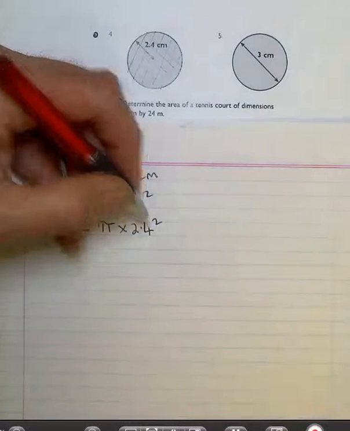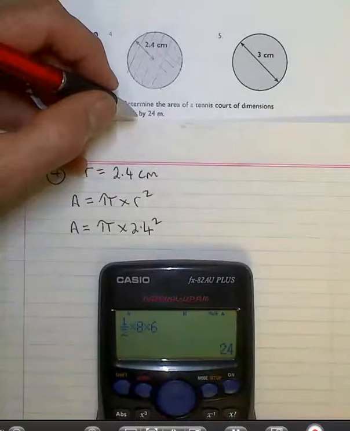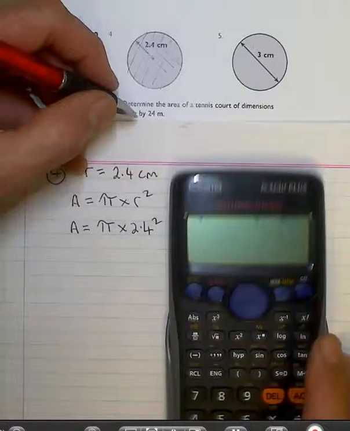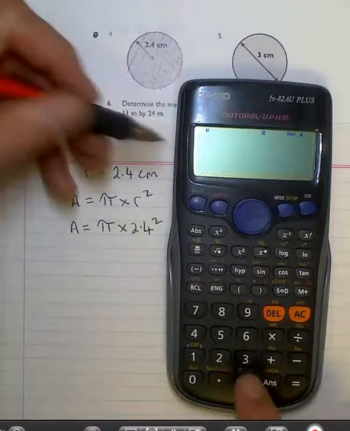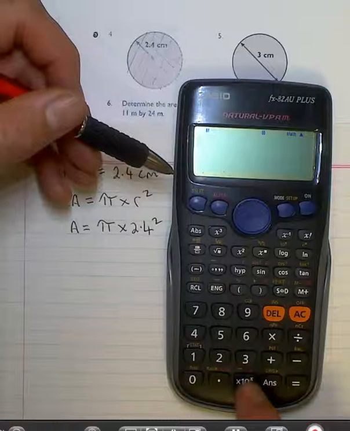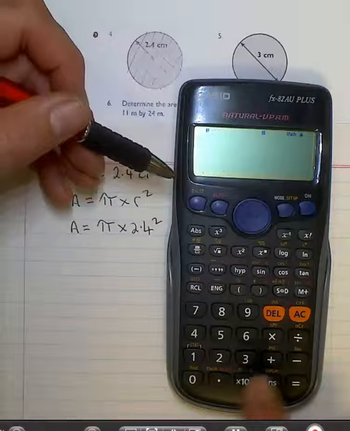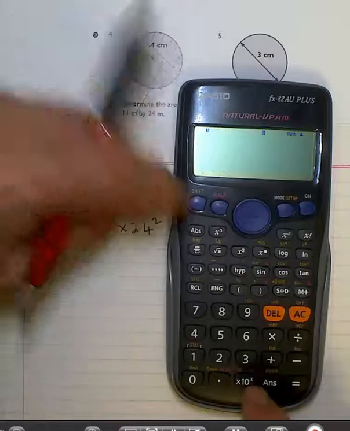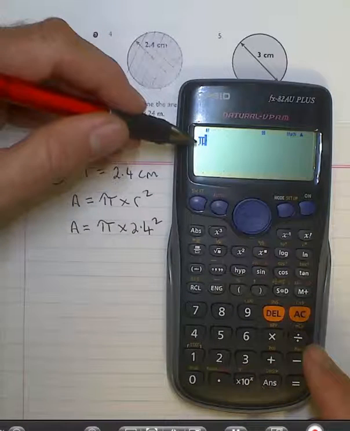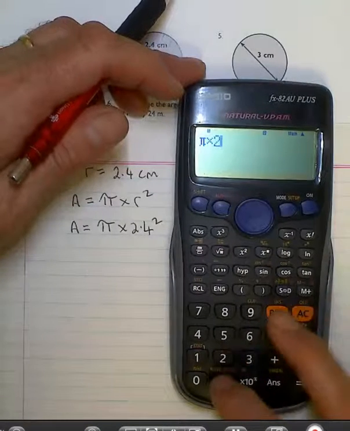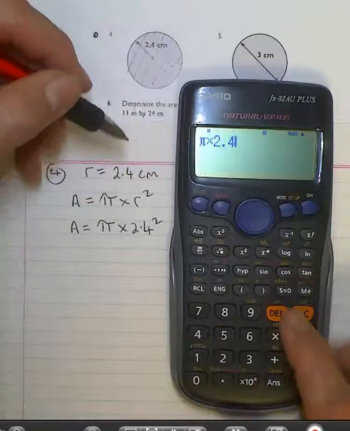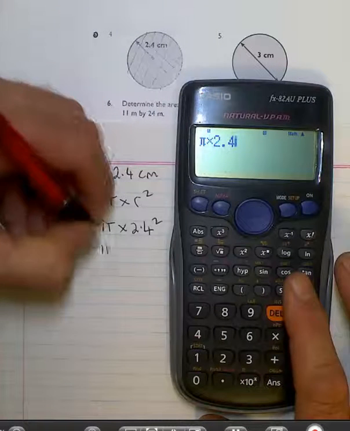Now your calculator can do the hard work for you there. Remember that you find your pi button on many calculators as a secondary key. On the Casio I have here, it's above the times 10 button down the bottom. So pi, and the beauty of this is I can see the entry quite neatly, times 2.4. Now this calculator has a square button.